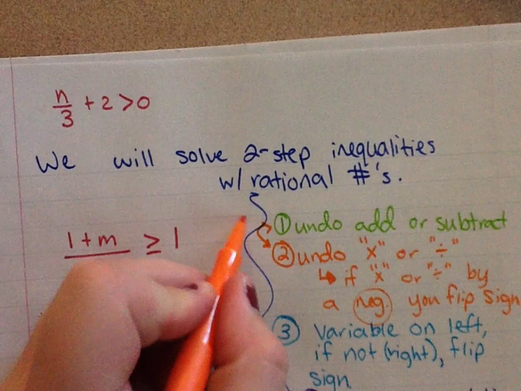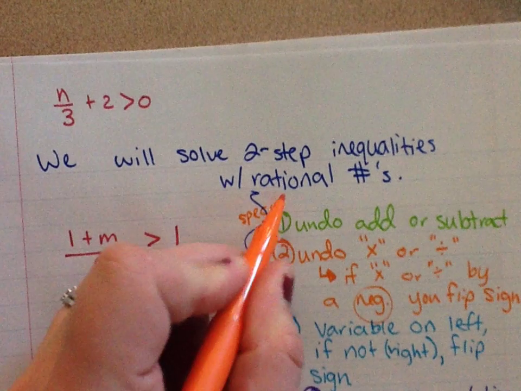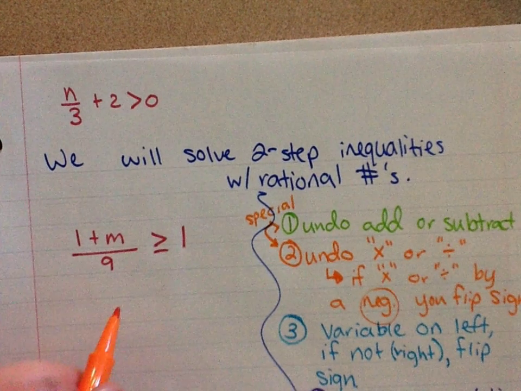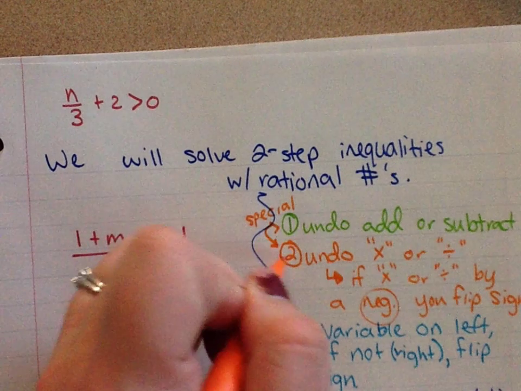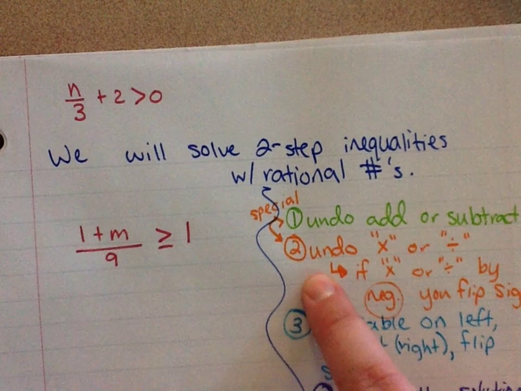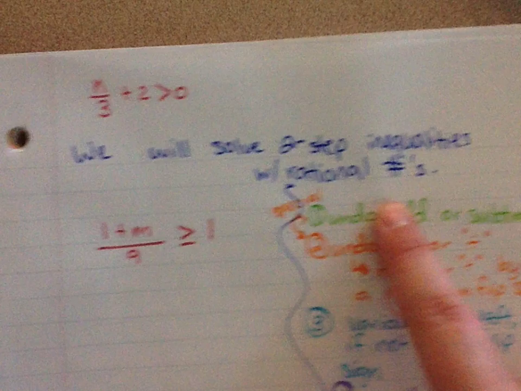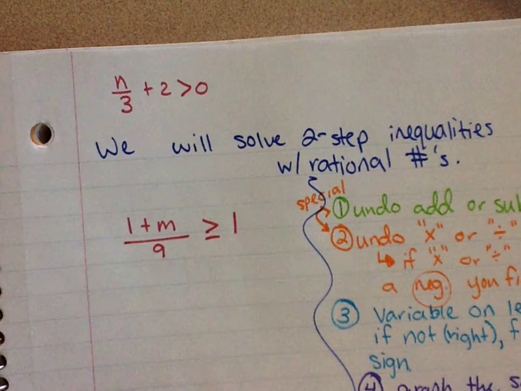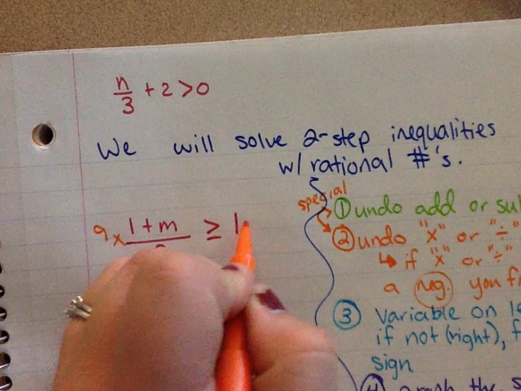In the special case, when it looks like this, where the 1 and the m are both connected to the bottom number, you have to flip these 2 steps. I'm actually going to multiply or divide before I add or subtract. Only if there are 2 numbers attached to my bottom number. Does that make sense? Okay, so I'm going to multiply by 9 on both sides.